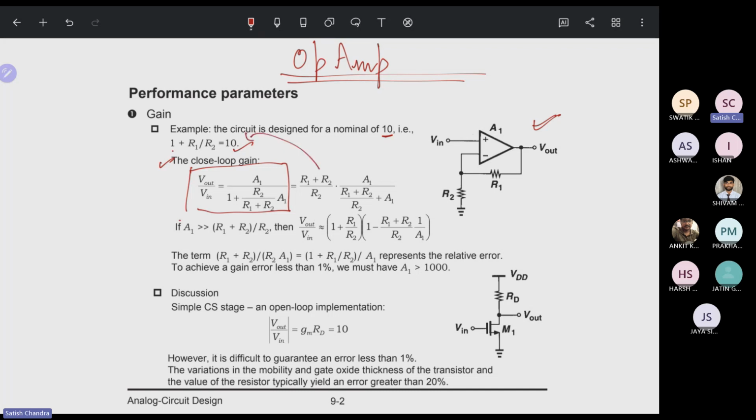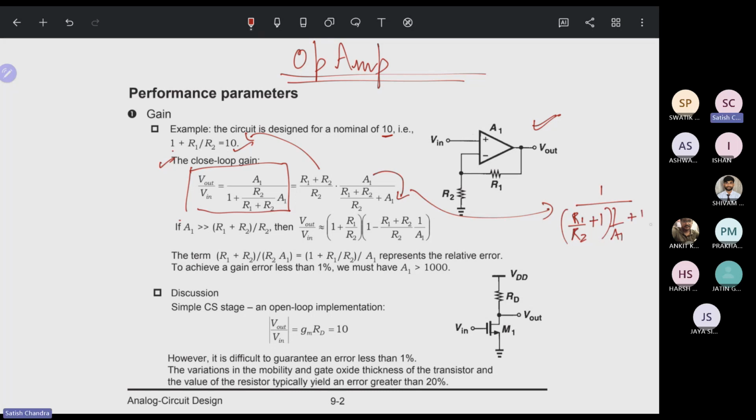If we divide the denominator by A1, we achieve 1 by R1 by R2 plus 1 by A1 plus 1, basically.